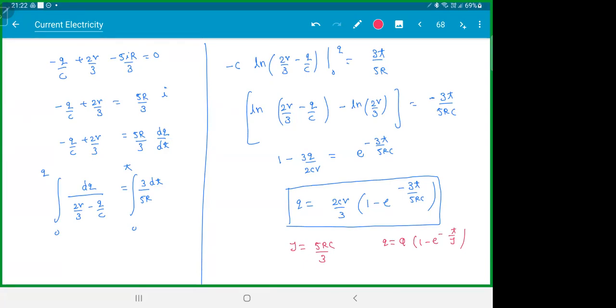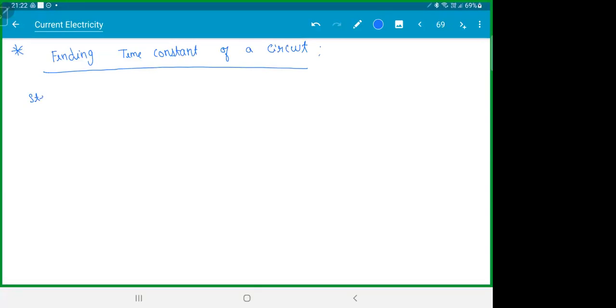Now let me teach you a shorter way. Sometimes in the question, they'll just ask you to find the time constant. They don't want everything, but just want time constant. So how do you find the time constant of a circuit? Step 1. Replace the batteries with a wire.